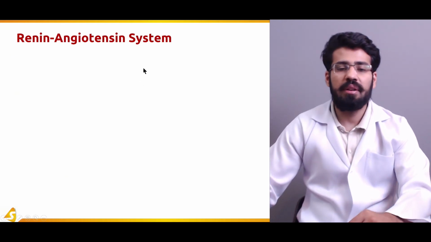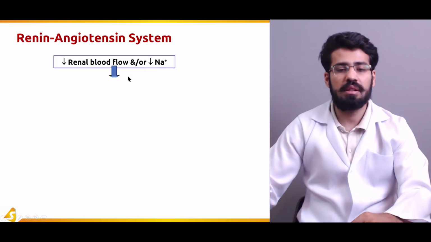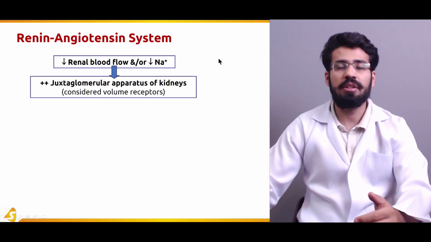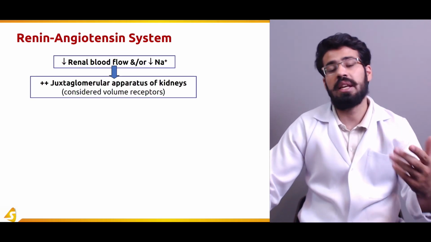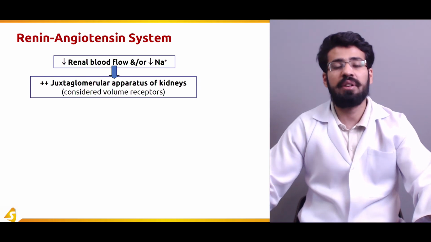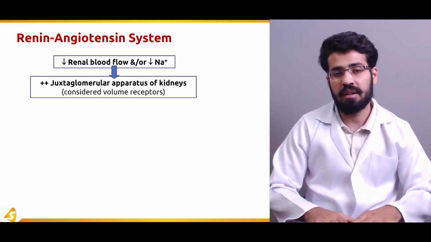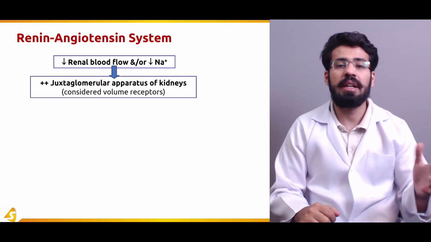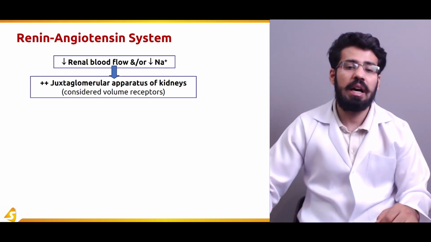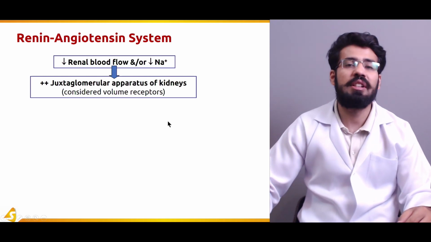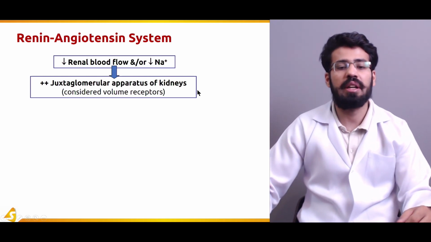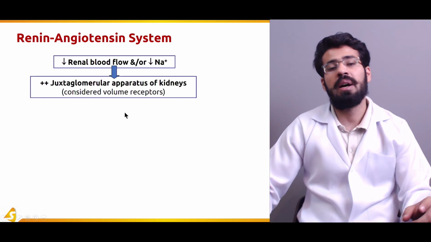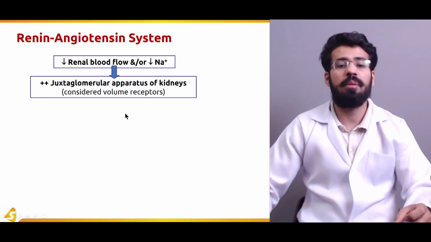Now let's have a brief overview of the renin-angiotensin system. The renin-angiotensin system is activated in two conditions: either the sodium level is low or the renal blood flow is low. What will it cause? It will cause the stimulation of the juxtaglomerular receptors of the kidneys, which control the amount.